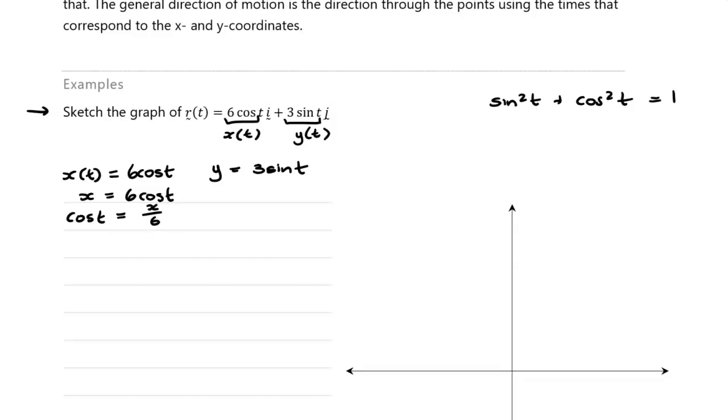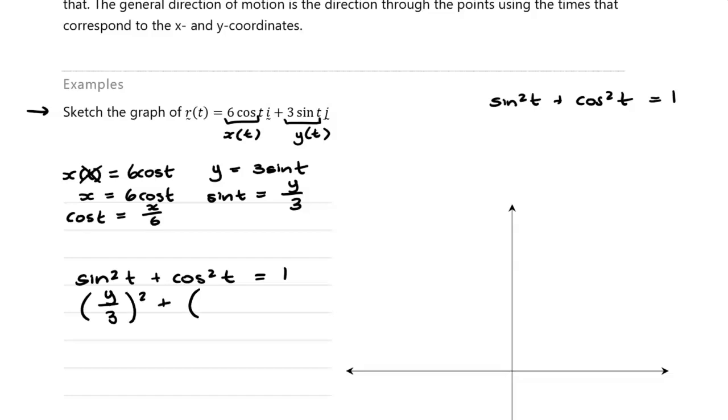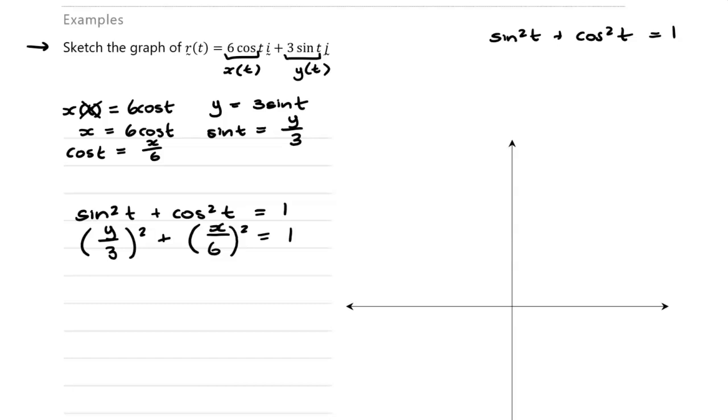And sin t will be y on 3. So when we go back to sin squared t plus cos squared t equals 1, sin t was y over 3, we'll square that. Cos t was x over 6, which we'll also square. Don't forget to put it in brackets because you've got to square both the numerator and the denominator. So we've got y squared on 9 plus x squared on 36 equals 1.